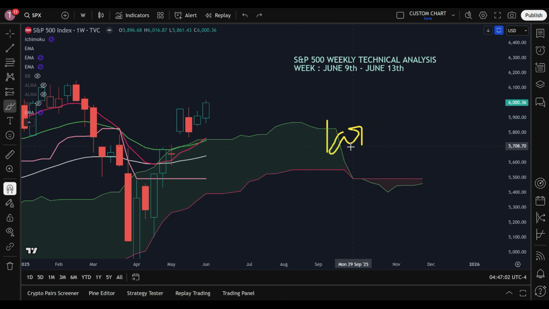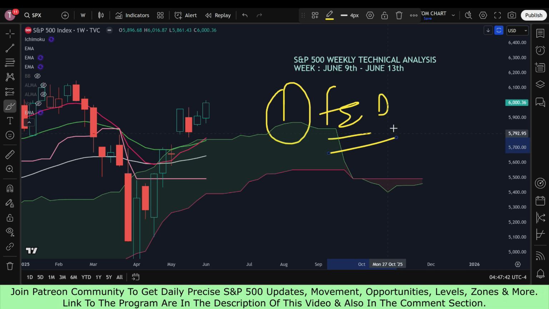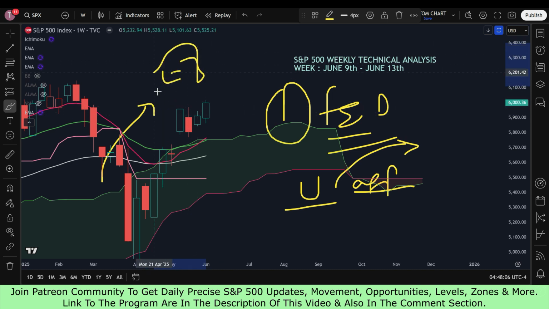Now you need to understand, there are a couple of reasons. The first one is obviously the Fed, the Fed chairman himself. Yesterday, when the unemployment and non-farm payroll data was released, immediately everyone started to anticipate that for at least the next 2 to 3 months there will not be any rate cut.